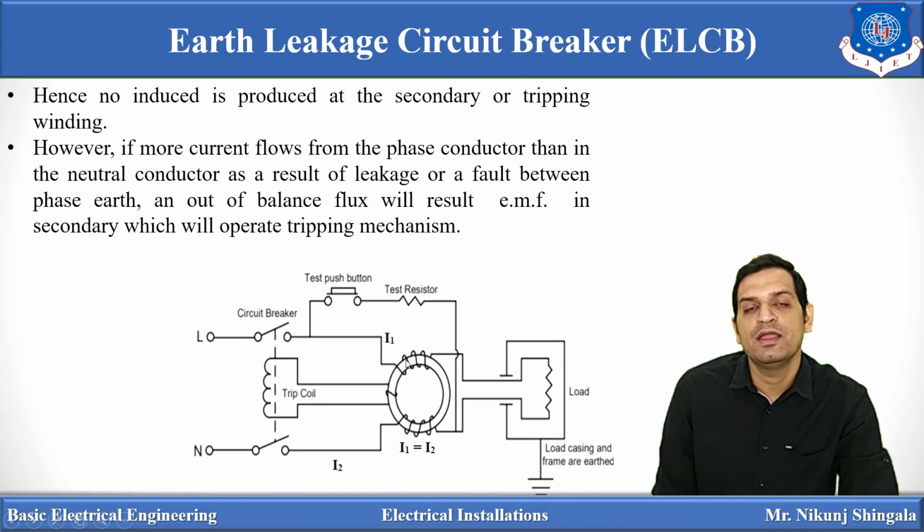The flux produced in the phase winding and neutral winding will be different. So the out of balance flux will result in an EMF in the secondary winding. Because of that EMF, the tripping coil will be operated, and it will disconnect the supply from the load. So this is how it works.